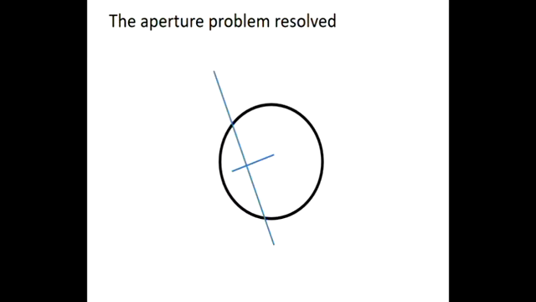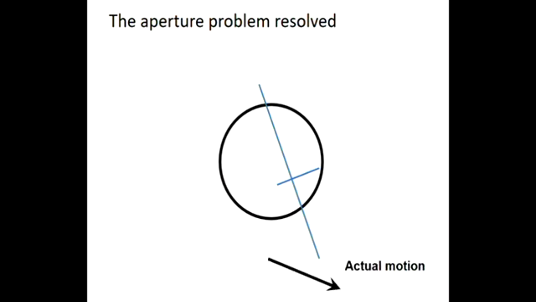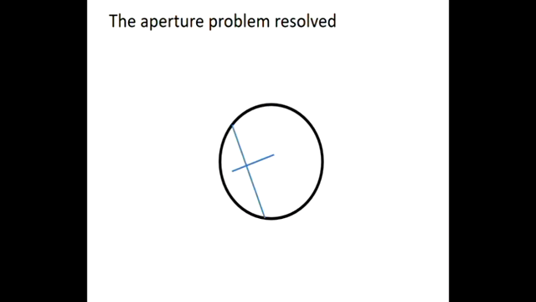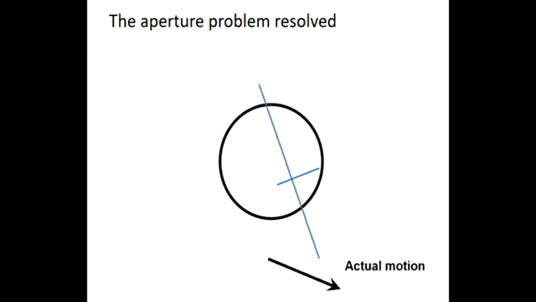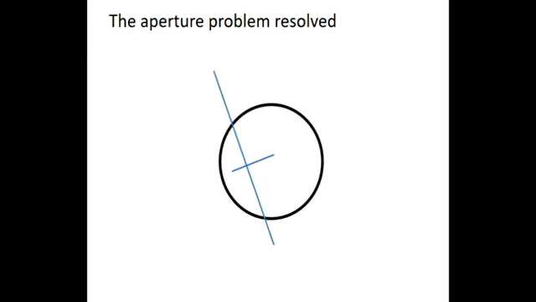Another illustration is, remember this, how when there was just a line, we couldn't tell how the thing had moved. But now I'm hiding the edges again, and now you can see that it's moving down and to the right. So now the actual motion is the same as the perceived motion inside the aperture, because I've got gradients in two directions that I can use to disambiguate the motion.